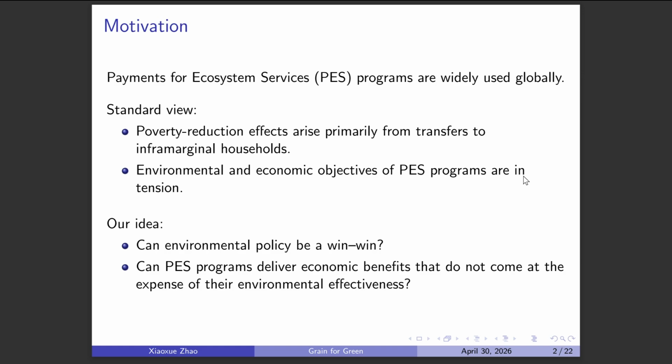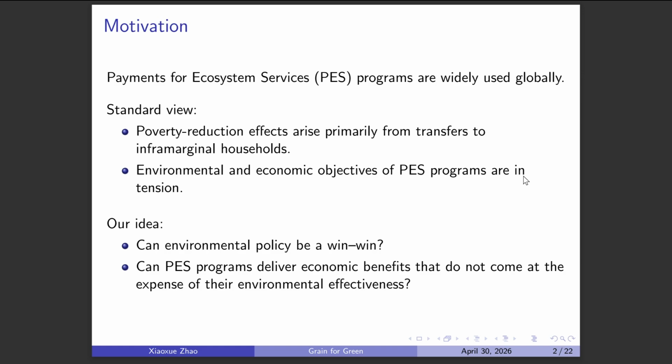This is because the standard view is that the poverty reduction effects of PES programs should only arise when the transfers reach infra-marginal households who otherwise would have provided the ecosystem services even without compensation. Therefore, the more successful a PES program is at incentivizing pro-environmental behavior, the less effective it is going to be at delivering economic benefits to participant households.